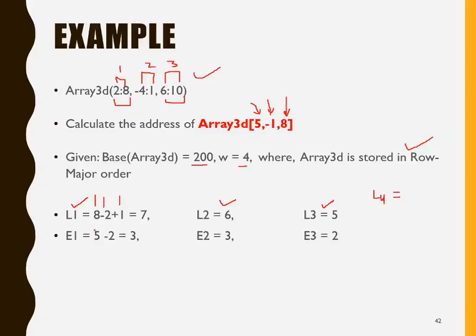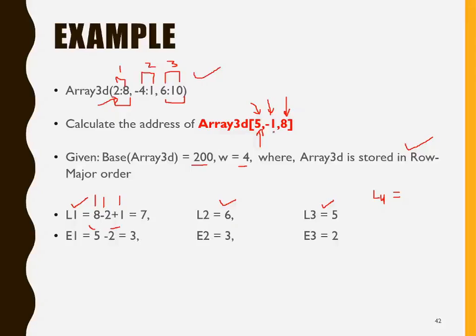Effective index is the index position minus the lower bound in a given dimension. So 5 minus 2, 5 minus the lower bound, that will give me 2.